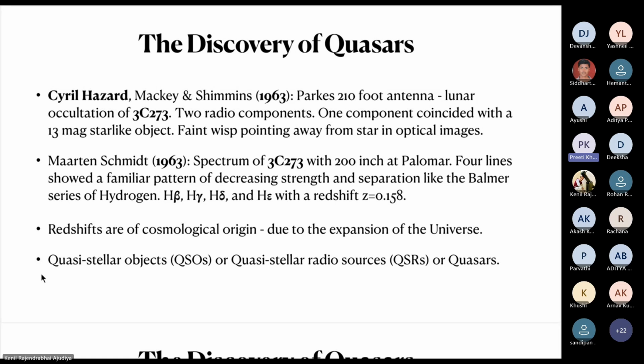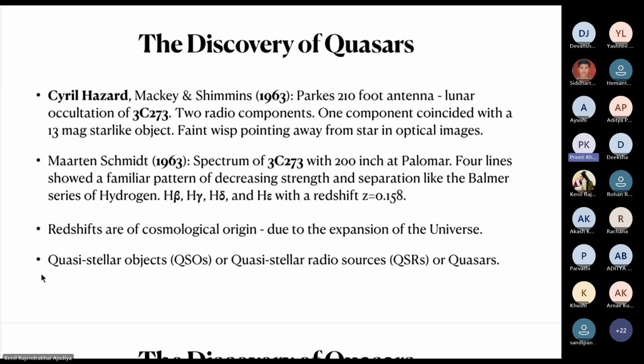I just want to mention that now with the JWST, the James Webb Space Telescope, the highest redshift quasars that we are finding are between redshift 11 and 14, where the universe was just a few 100 million years after the Big Bang. So we are now finding quasars as the universe was just formed. It's quite exciting, but at that time in 1963, a redshift of 0.158 was unprecedented.